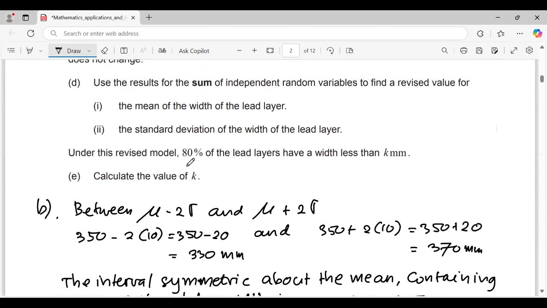Under the revised model, 80% of the lead layers have a width less than k millimeters. Calculate the value of k.